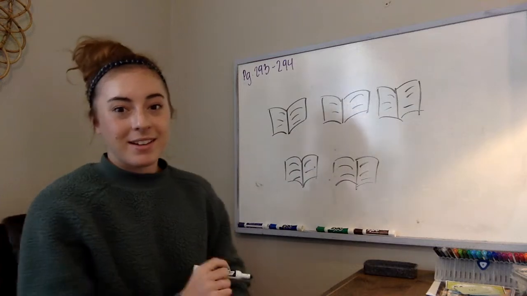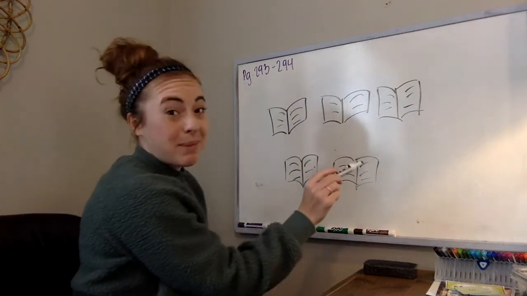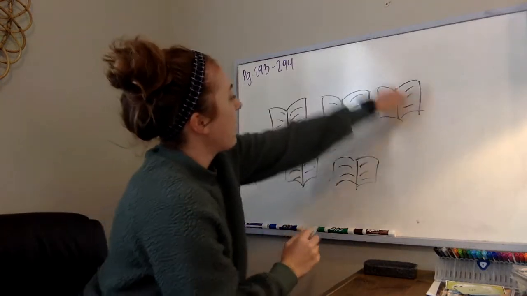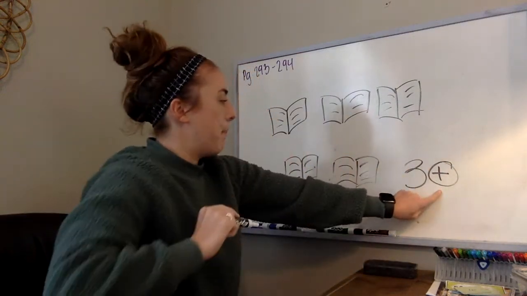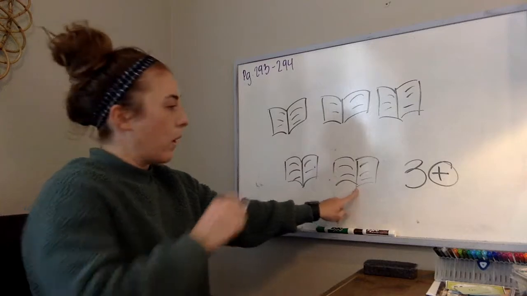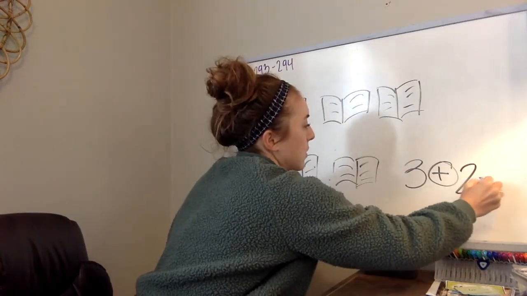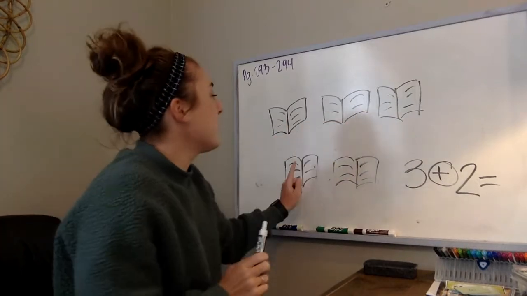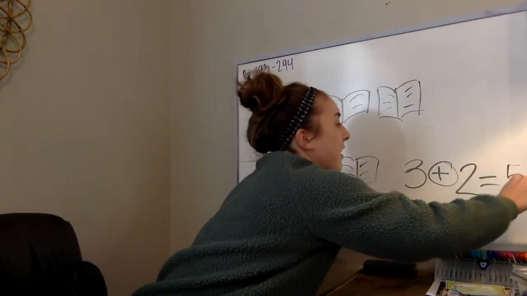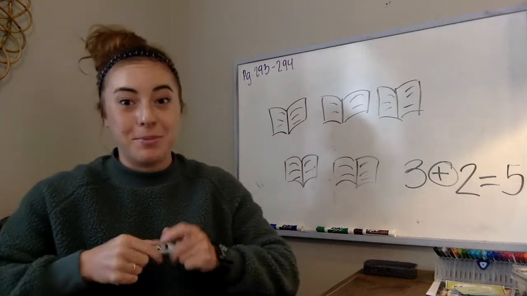What do you think? Let's see. I'm going to start my number sentence. So I started with 3, and I went and I bought 2 more. So now I have 1, 2, 3, 4, 5. I have 5 new books. I have a lot of new books.